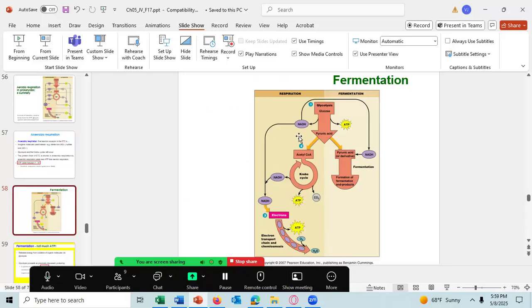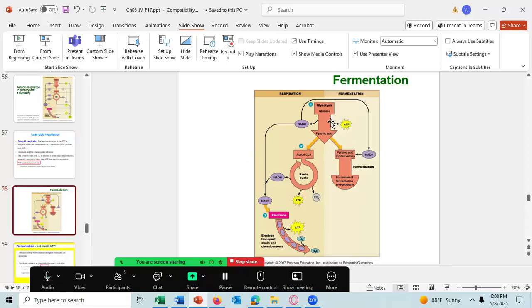What we've compared aerobic respiration to is fermentation. Fermentation always involves glycolysis as the first step of the fermentation process, and then 1 or 2 fermentation steps after glycolysis.